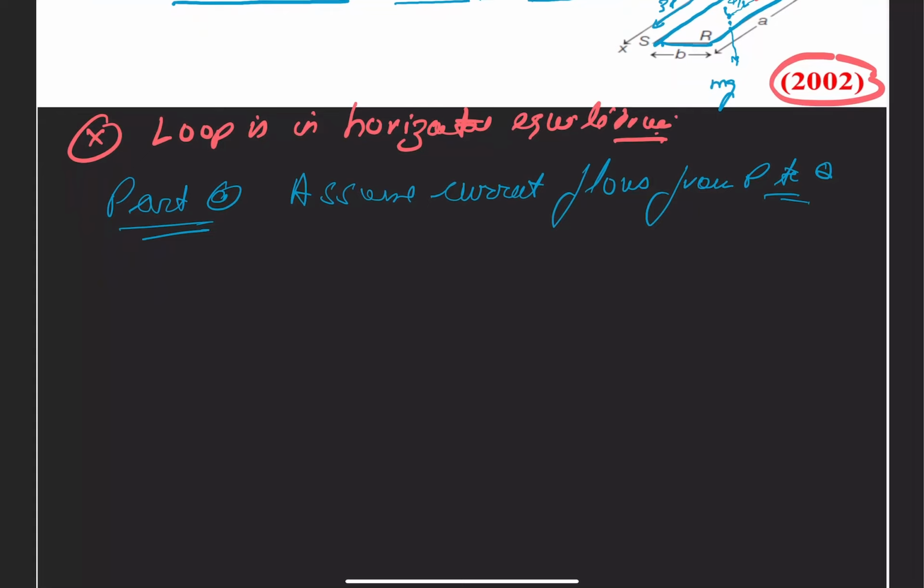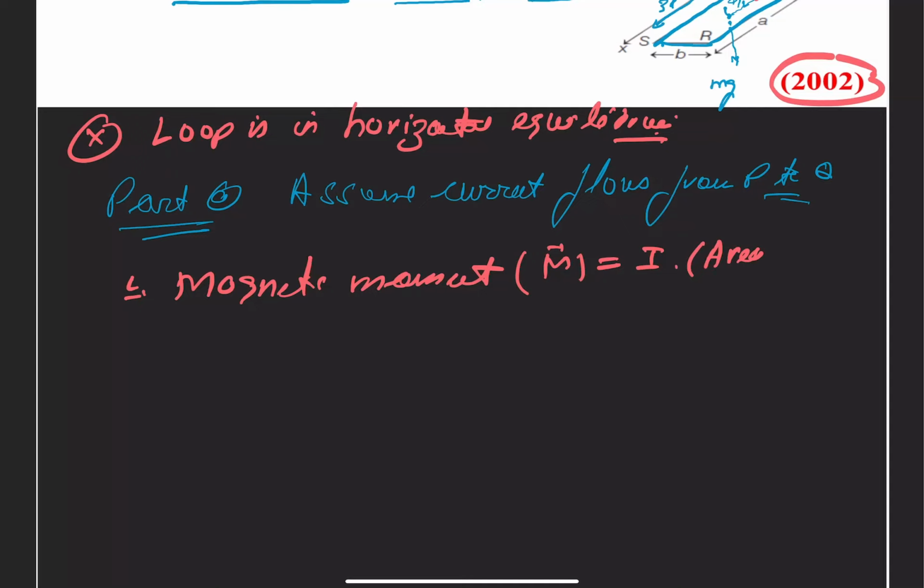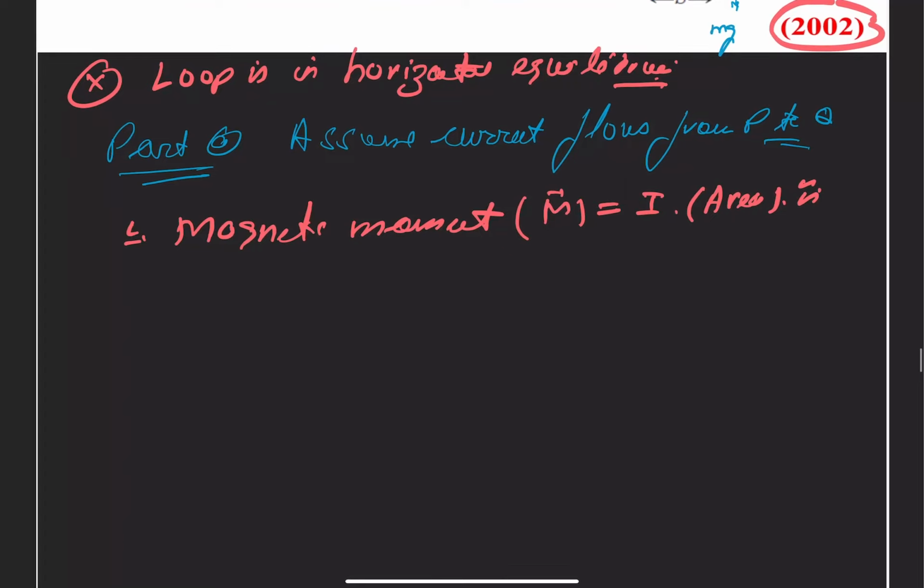The magnetic moment M is equal to I times the area and a unit vector.